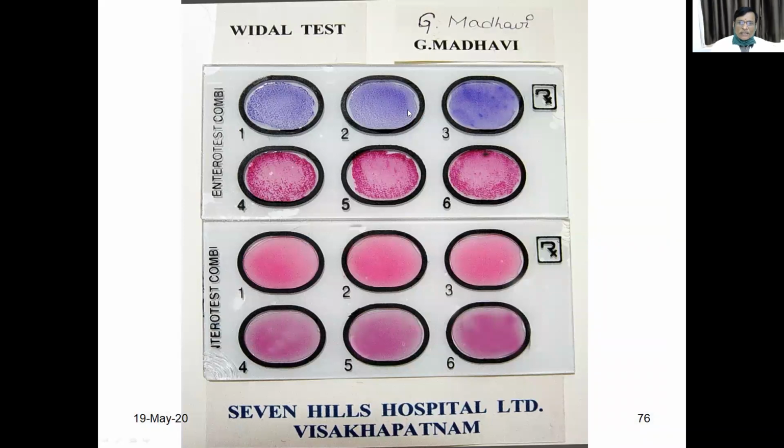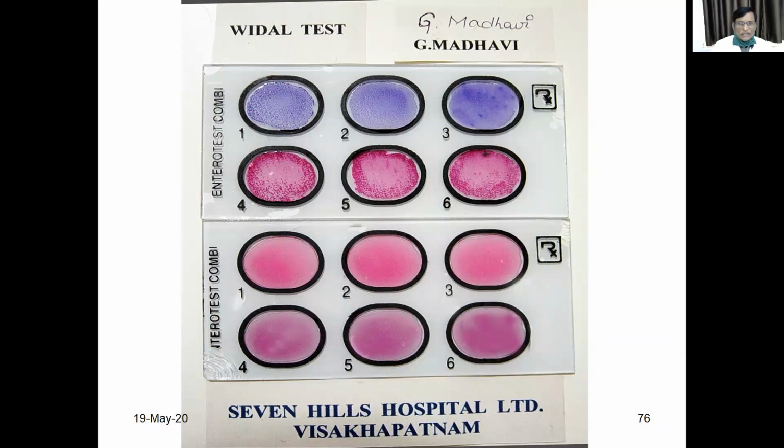Here this is the slide agglutination test, where a white cardboard is there with circles. There we have to keep 1 or 2 drops of different dilutions of the patient serum. I told you how to prepare them in the beginning: 1 in 20, 1 in 40, 1 in 80, 1 in 160, 1 in 320, and 1 in 640.